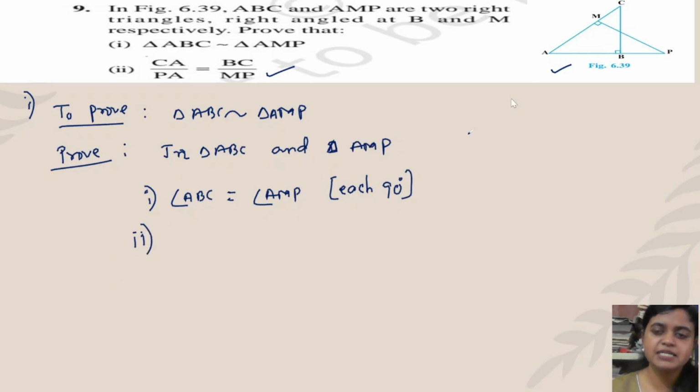Next, number two condition is that angle A is common. For ABC, angle A is there and for AMP, angle A is there.